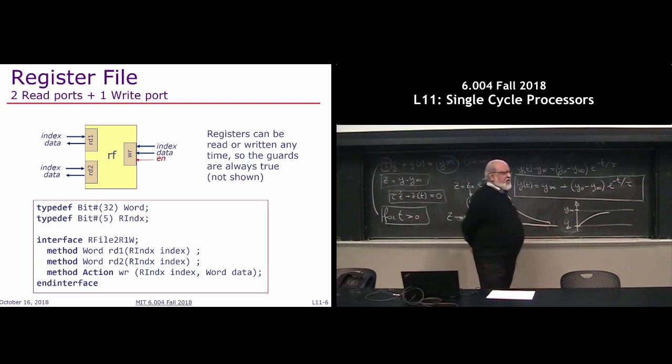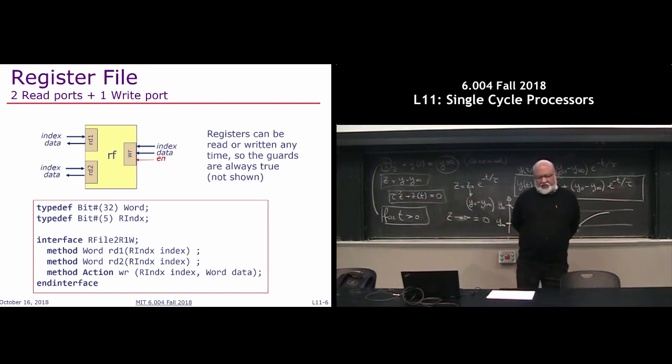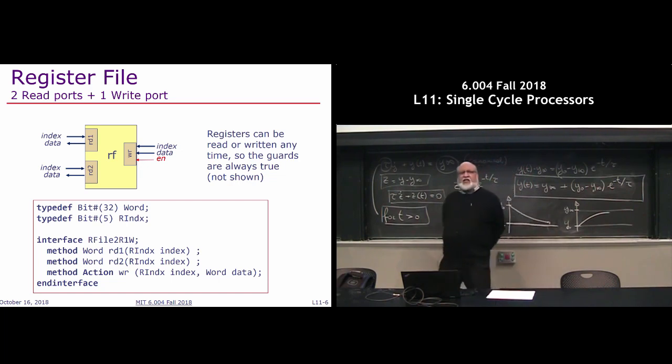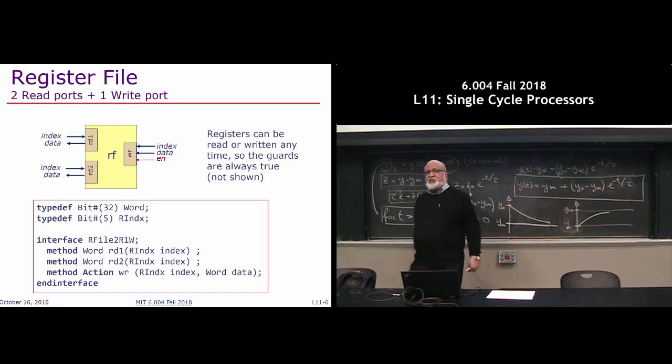So this is the interface for the register file, and let's see if it makes sense. As you can see, I have named it reg file 2R1W, you know, 2 read ports, 1 write port, and therefore it has 2 read methods which have been named RD1 and RD2, and you just have to give me a register name.